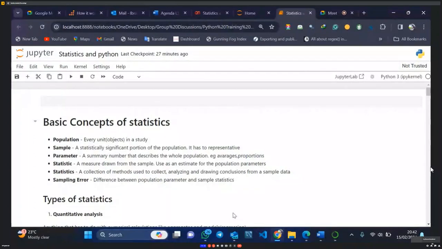Okay, no question. Then we have statistics, and these are accounts from sample data. Statistics is a collection of methods used to collect, analyze, and draw conclusions from sample data, like the surveys that you usually have. Those are a collection of methods. Sometimes you carry out surveys. Sometimes you do what we call KIIs, key informant interviews.